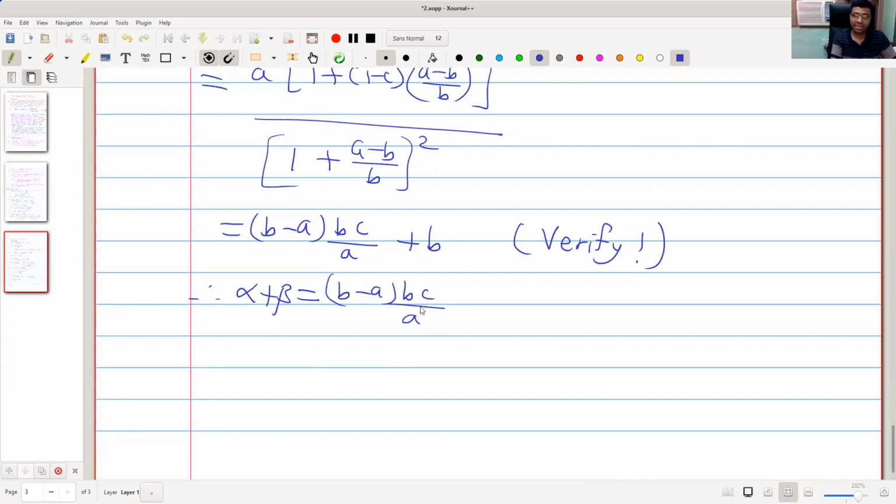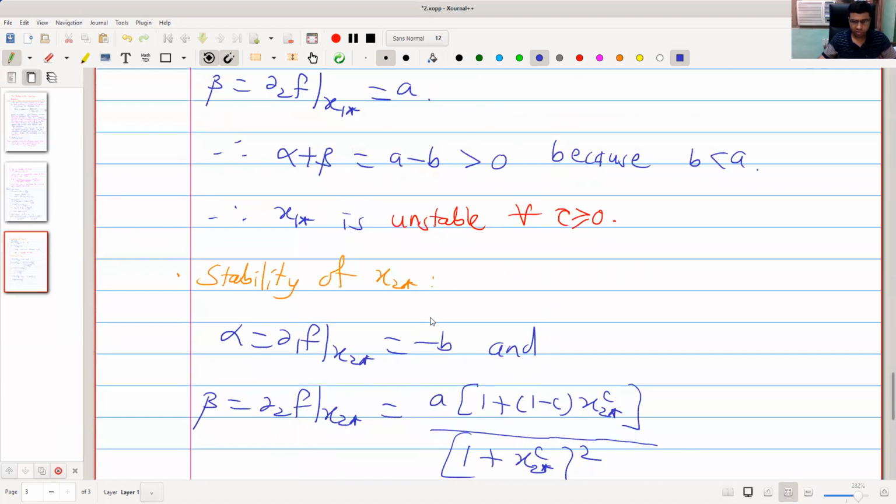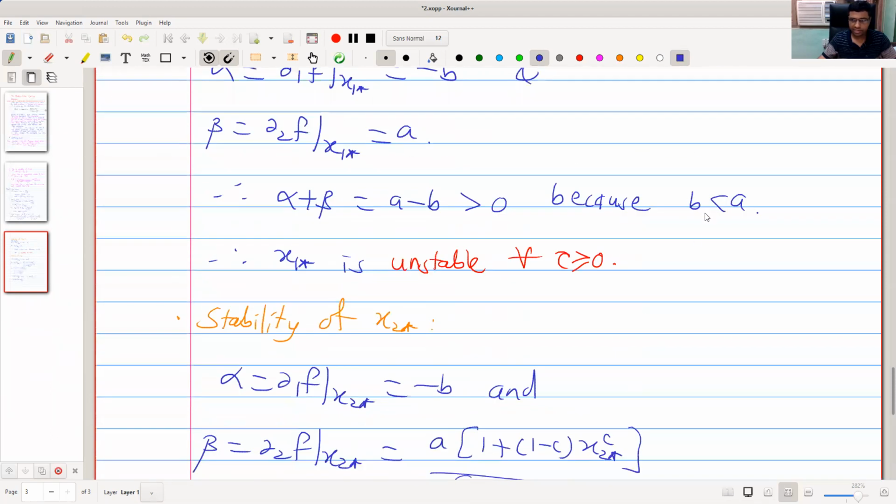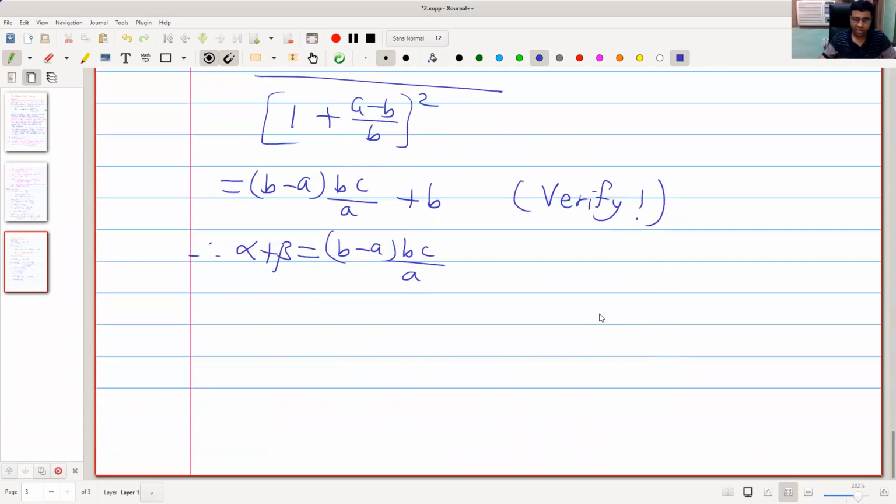We have to decide the sign of this quantity. We know that a, b, c all are positive, so this bc divided by a is positive. Now second thing is, our assumption is b is less than a. If b is less than a, then this quantity b minus a is negative. Another reason is all a, b, c are positive.